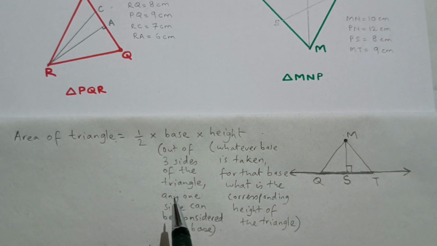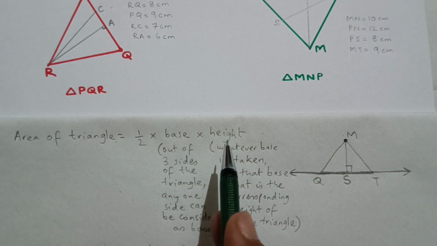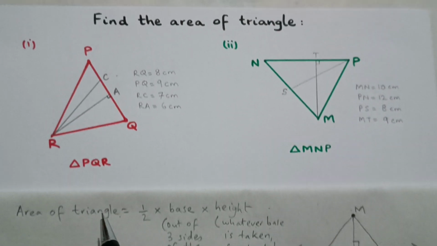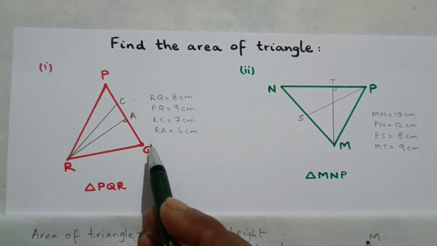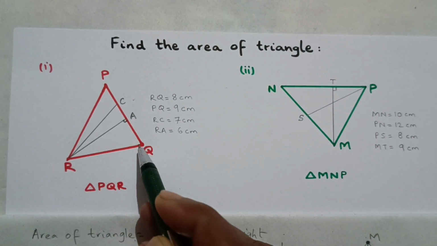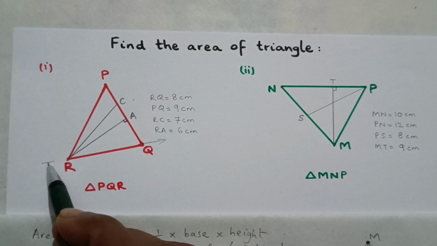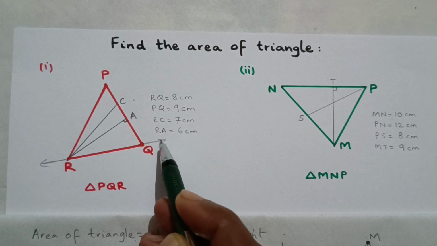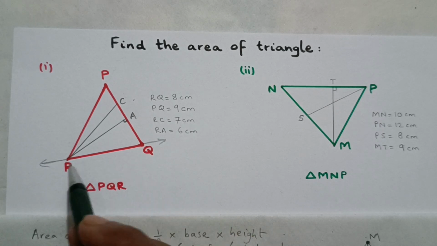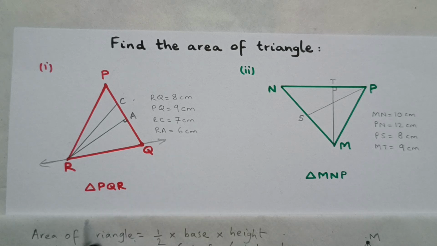Now for RQ we have to find the corresponding height. So first, RQ sits on this line. So let me extend this line in both directions. Okay. So on this line, side RQ sits. I have extended this line in both directions.